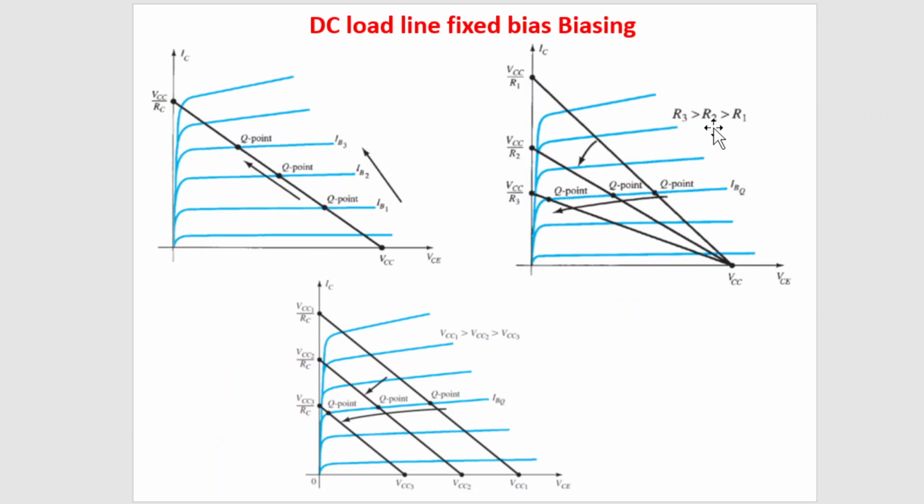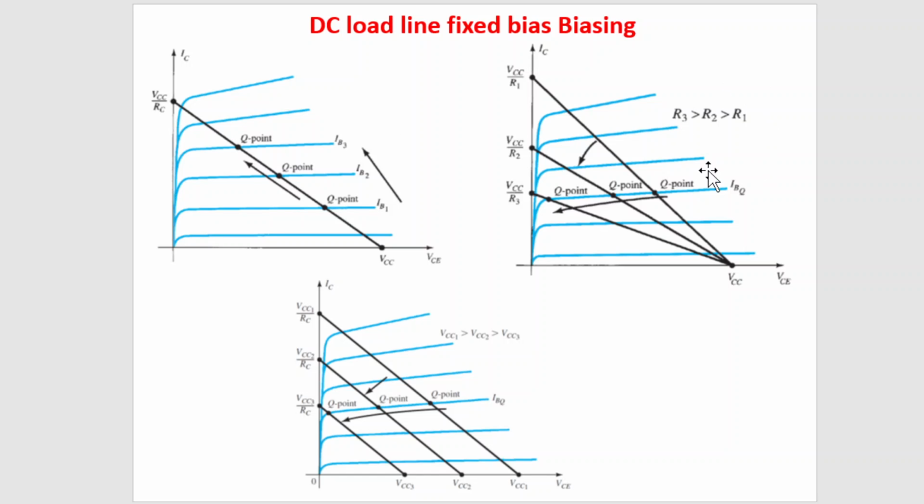And the main important thing is that in fixed bias configuration, I explained how the Q point moves on the DC load line if we change the input current, that is base current, keeping other variables like VCC and collector resistance constant. If you increase the base current, your Q point will shift from the cutoff point towards the saturation point.